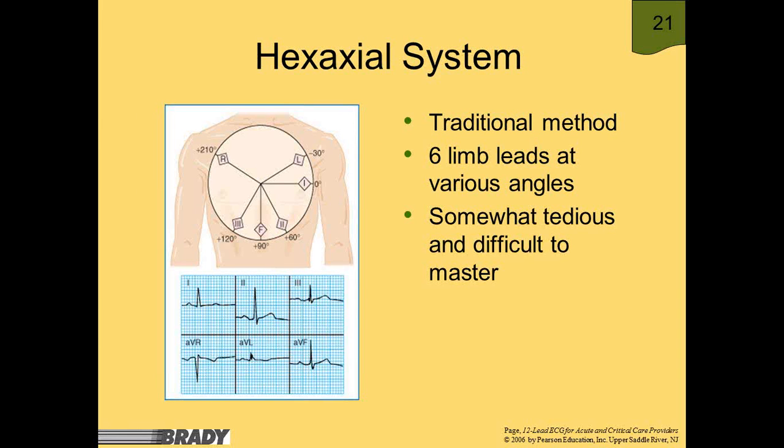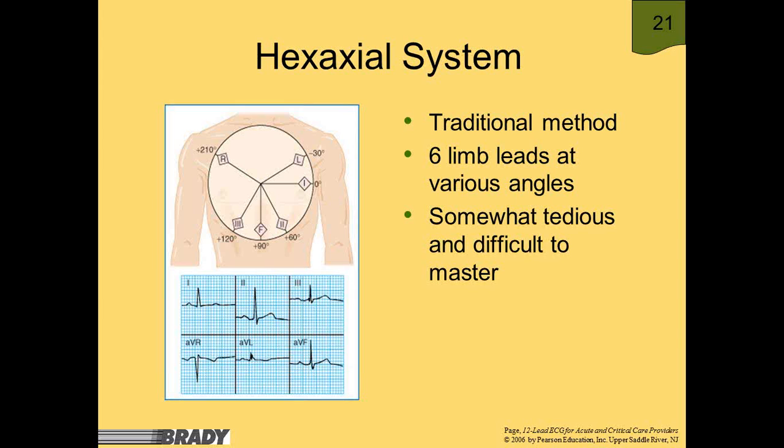Now, in the past, the traditional method of identifying axis deviation was called the hexiaxial system. And it was putting 6 different limb leads on at various angles, and then you measured those in, and you looked at each lead, and you determined the quadrants, and it was very tedious.